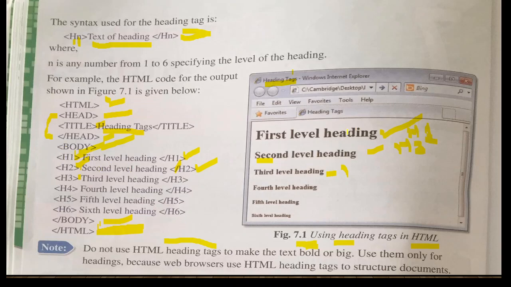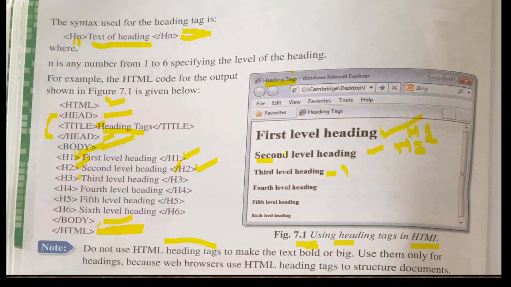So here in this example, we use the heading tag. The first one is H1, first level heading. So here is the H1, the largest size. Whatever text you put here, it will come here. This is the largest size.